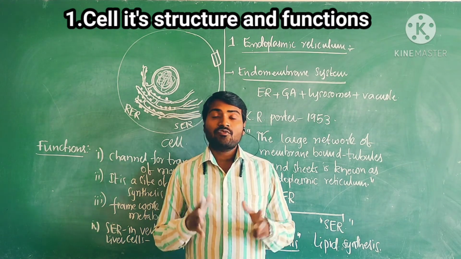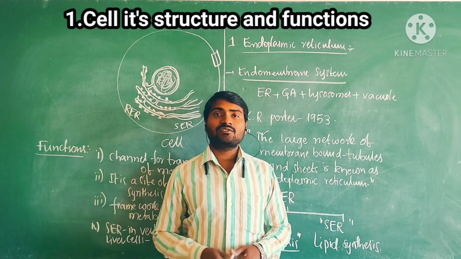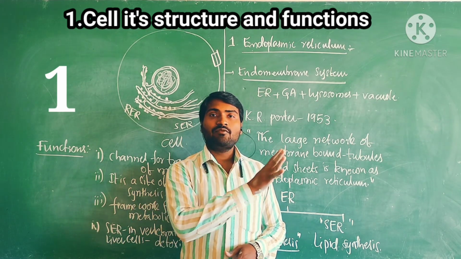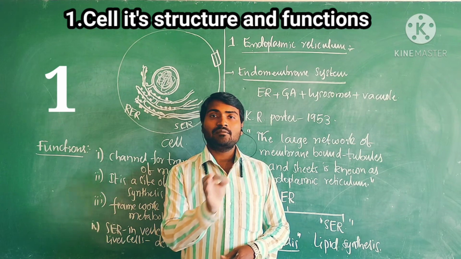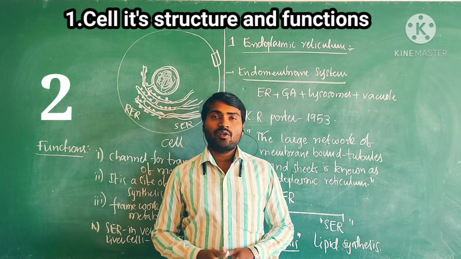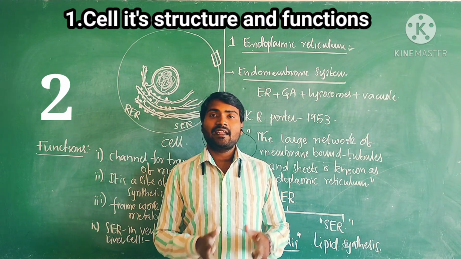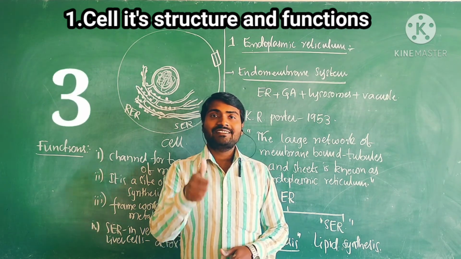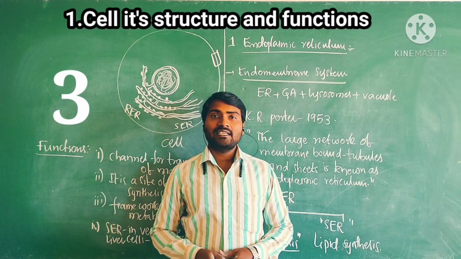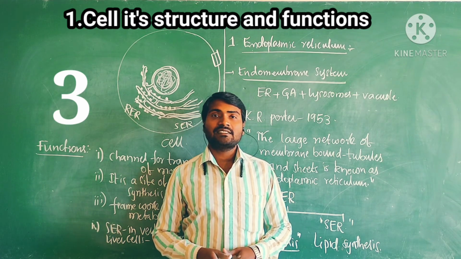Here are 5 important questions for all competitive exams from this topic. Let us discuss one by one. Point number 1: the meaning of protoplasm is life fluid, and the meaning of cytoplasm is cell fluid. Point number 2: endoplasmic reticulum was discovered by K.R. Porter in the year 1953. Point number 3: rough endoplasmic reticulum is the site of protein synthesis, whereas smooth endoplasmic reticulum is the site of lipid synthesis.